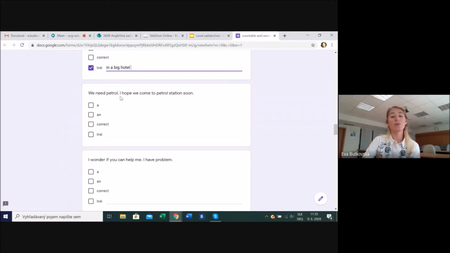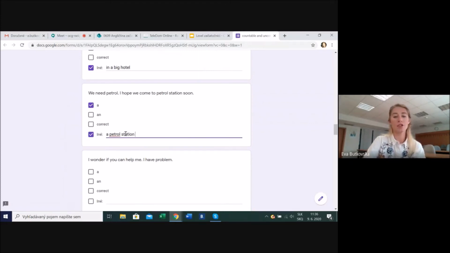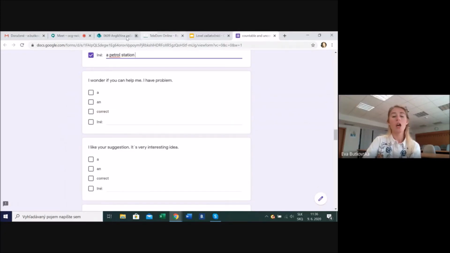What about next one? We need petrol. I hope we come to petrol station soon. So in this sentence, station is the one countable. So we need to add something in front of it, and it's a petrol station. What about next one? I wonder if you can help me. I have problem.